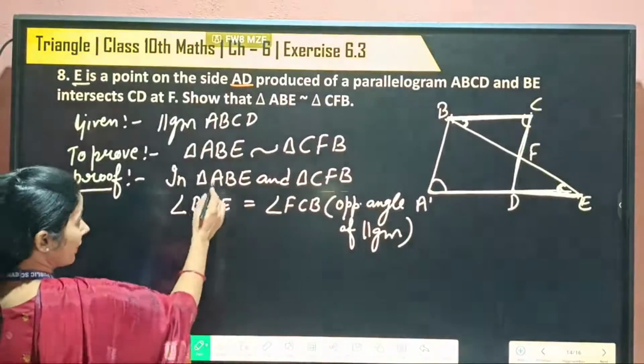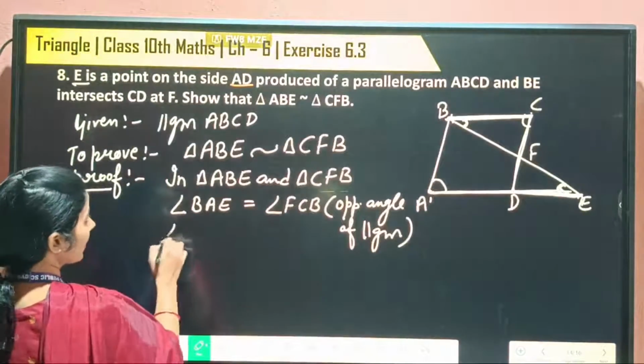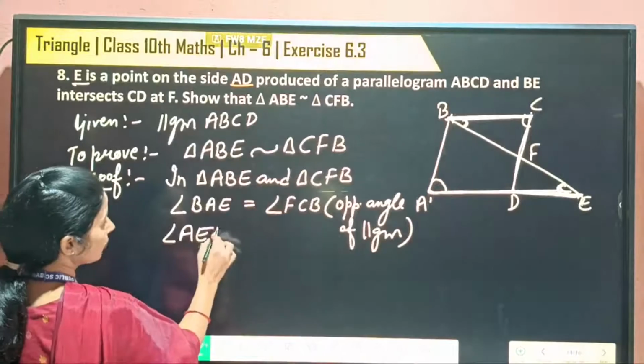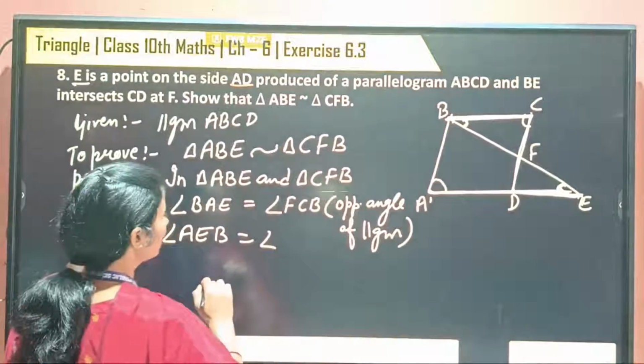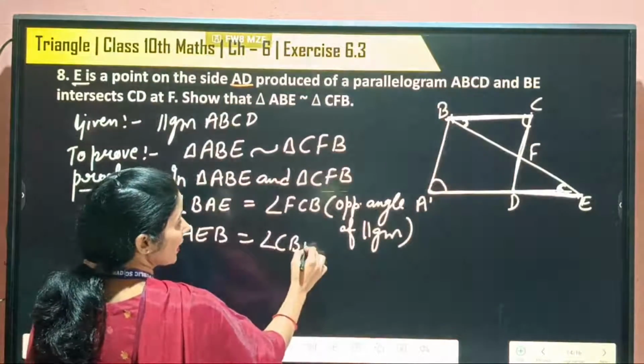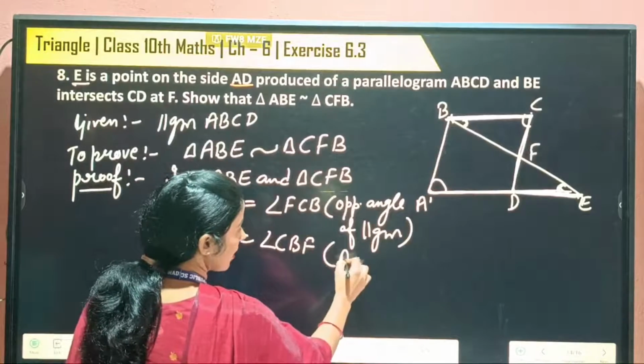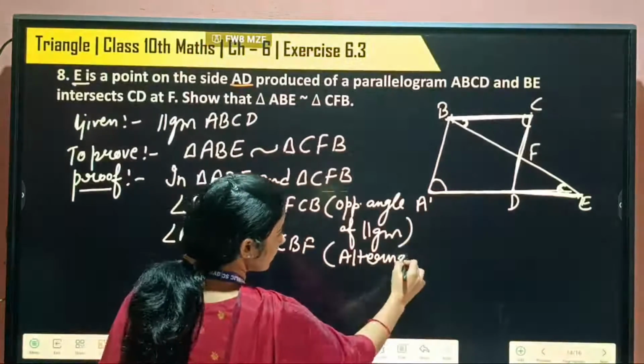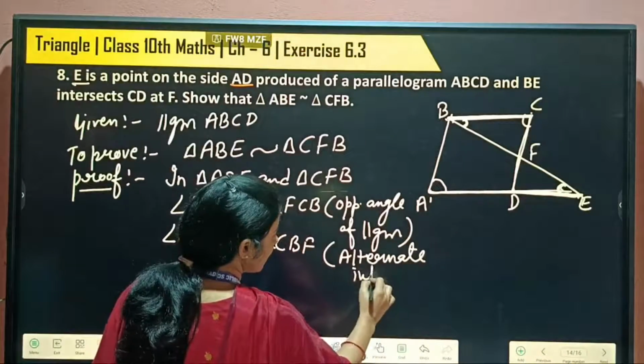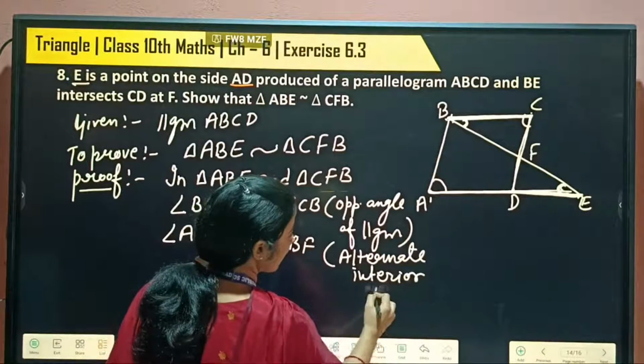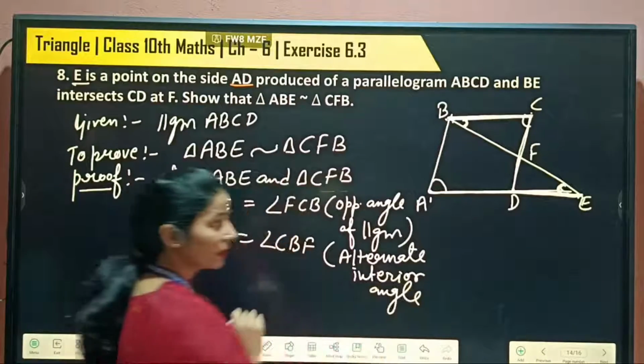Okay, in triangle ABE, angle AEB equals angle CBF. Reason is these are alternate interior angles.